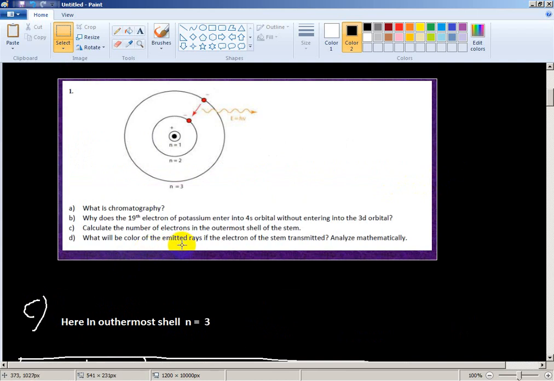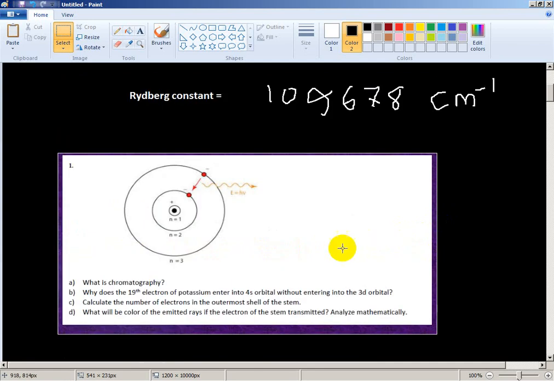To find the color, which one do we need to calculate? We need to calculate the wavelength.